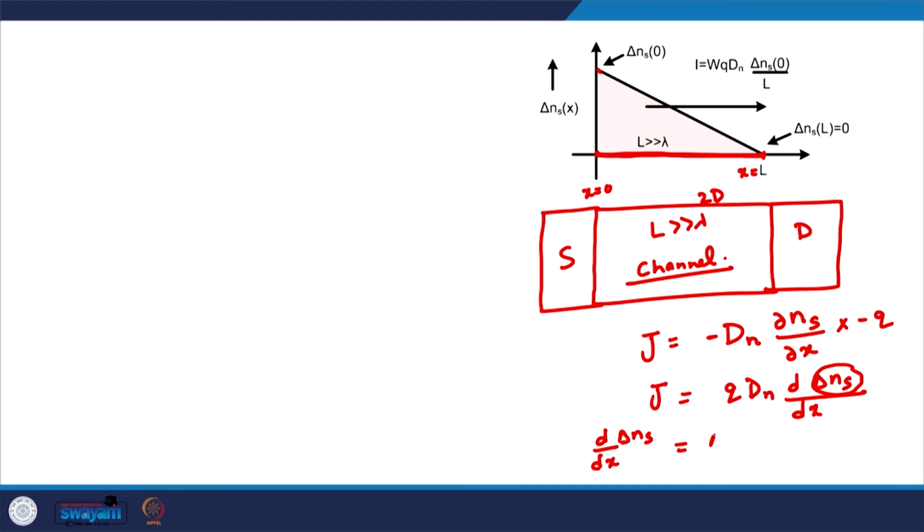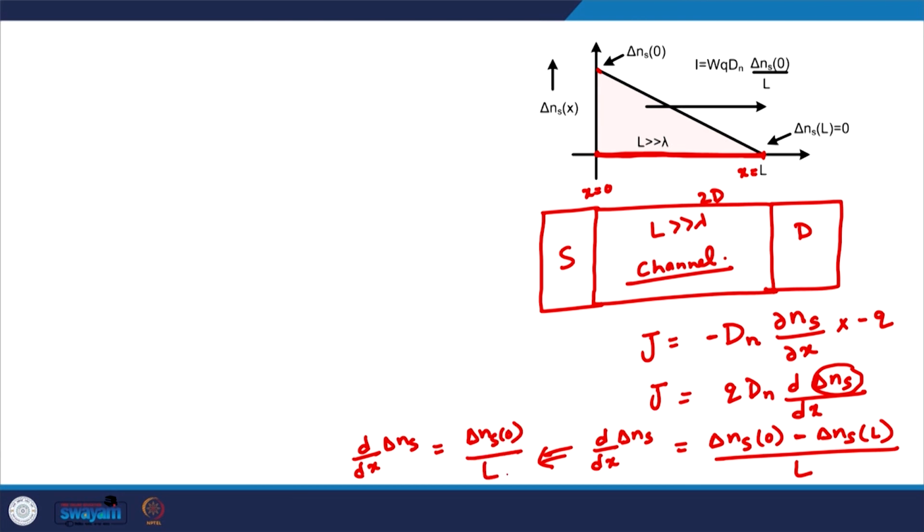So, this d by dx of delta ns, in the case of a linear profile, can be written as delta ns0 minus delta nsL divided by L. So, d by dx of delta ns becomes delta ns0 divided by L. Okay.